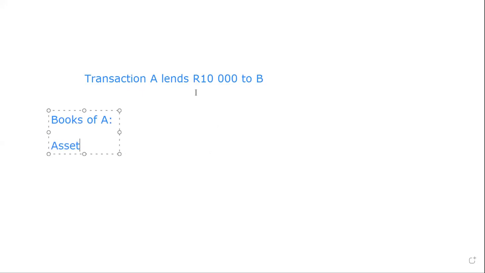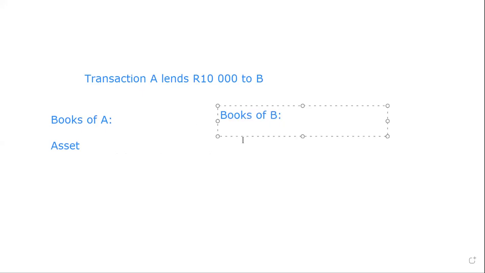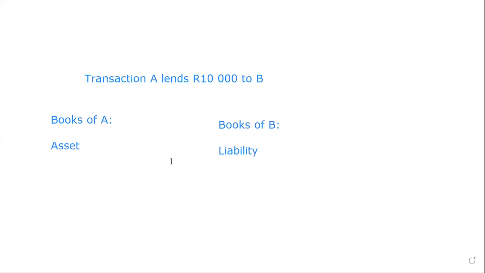And when we look at B's books, let's have a look. We look at the books of B, they are receiving money now, and they're going to have to pay it back in the future. So in the books of B, for this exact same transaction, they're going to see it as being a liability. So as you can see, it's very important.